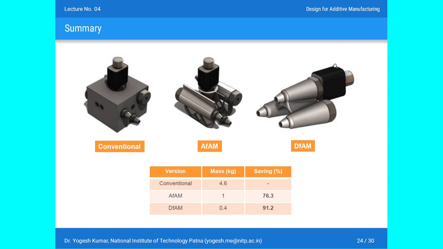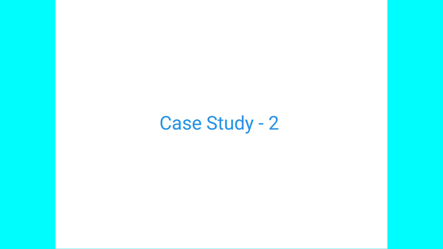We could see that the printed component has a weight of only 0.4 kg. So the total material saving when we consider DFAM is around 91.2%. So this is the summary of case study 1.